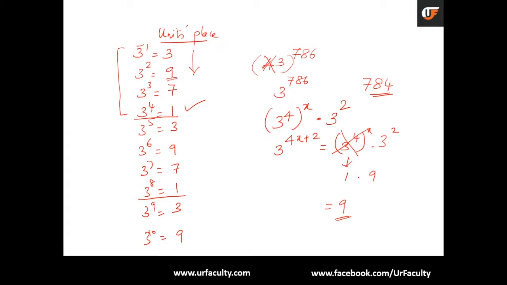So we divided 786 into 4 parts, and we understand that 784 is very easy, students. If a number is given and you need to find the nearest multiple of 4, we know the cyclicity of 4. I had explained it in my divisibility video. You utilize it and arrive at the number very quickly.